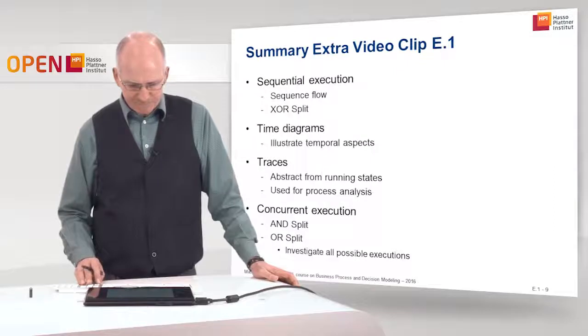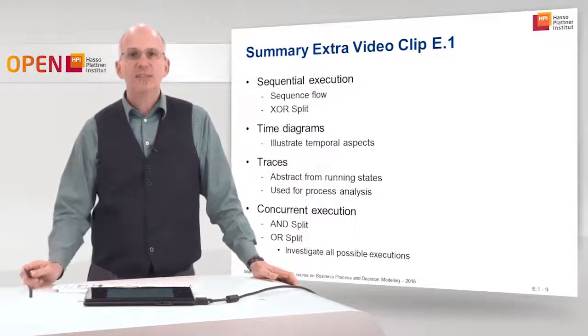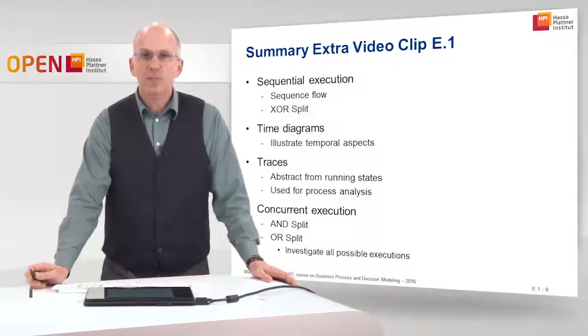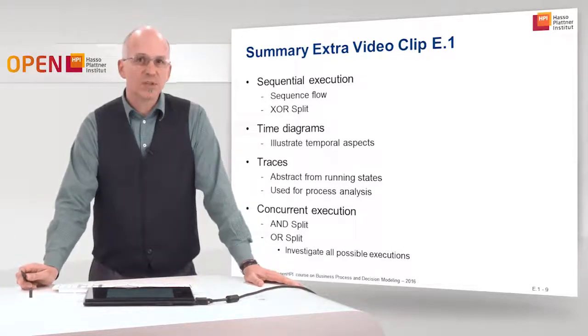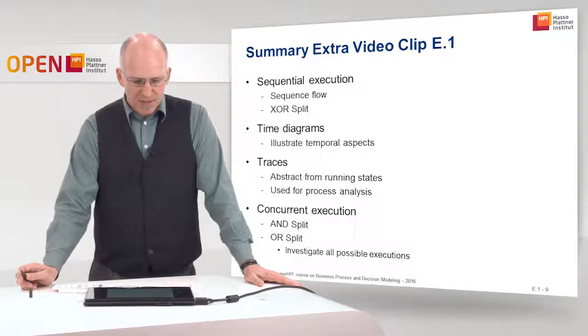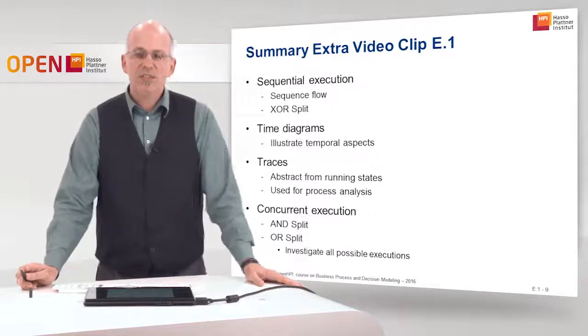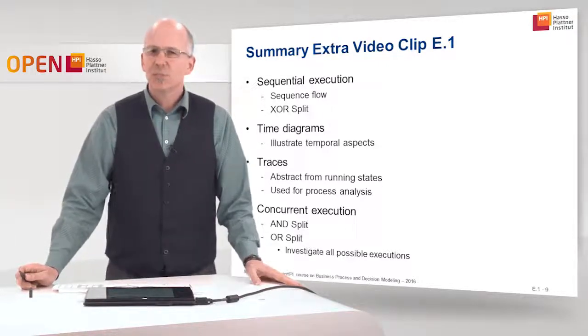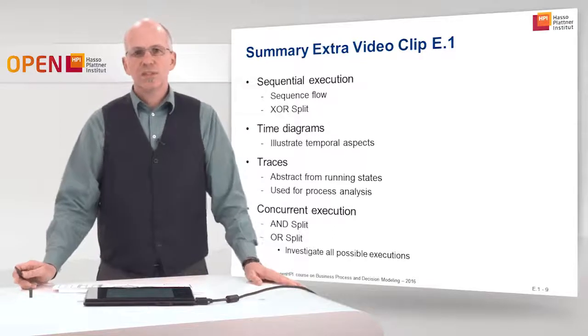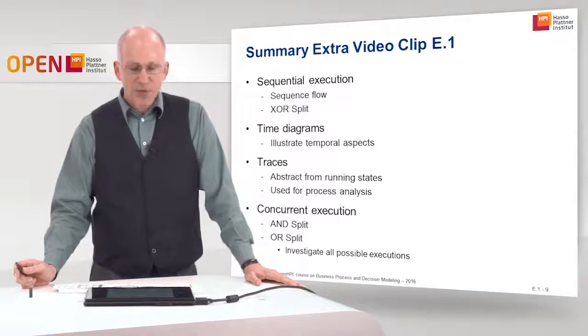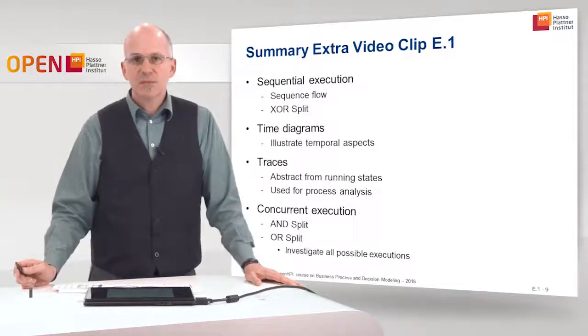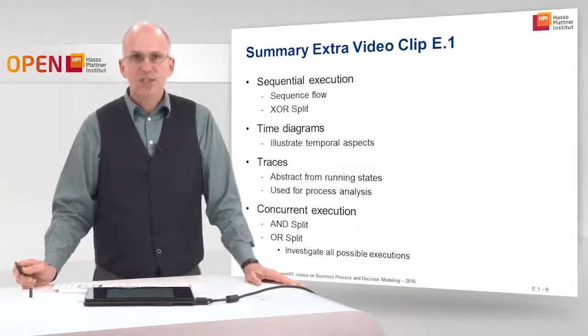All right. That summarizes the extra video clip E.1, in which we discussed concurrent execution or concurrency in process models. We first looked at sequential executions, in which at each point in time, at most one activity is executing. We've seen that if we only use sequence flow in process models, we end up with sequential executions.